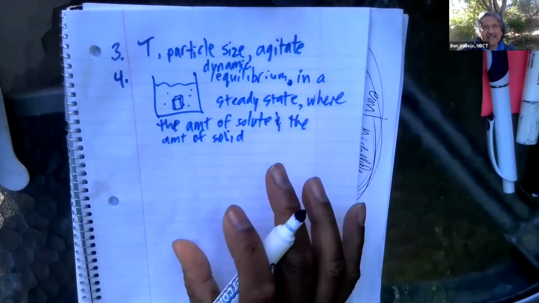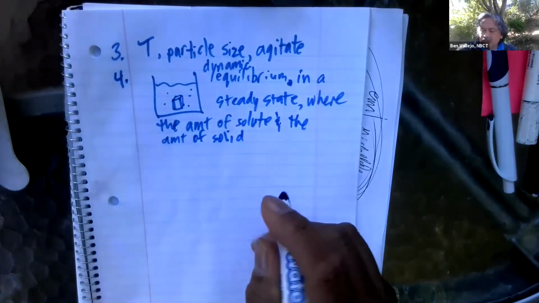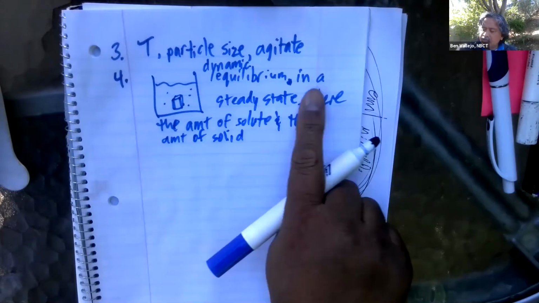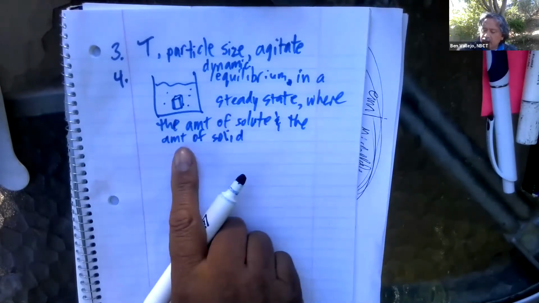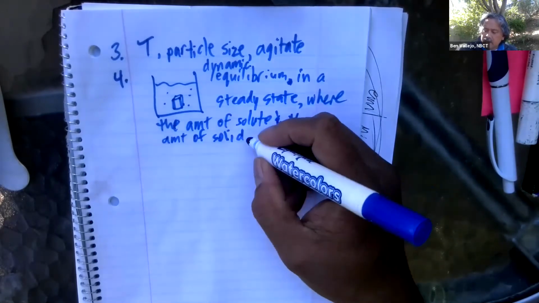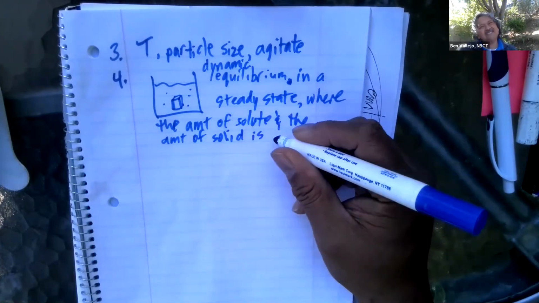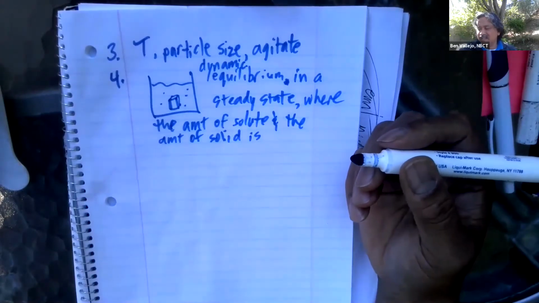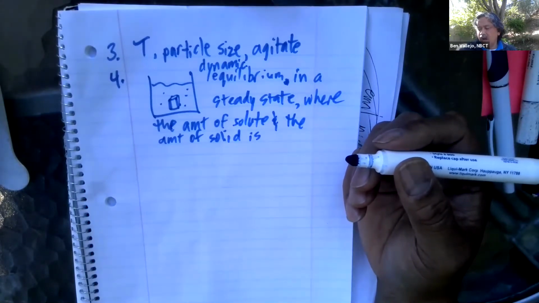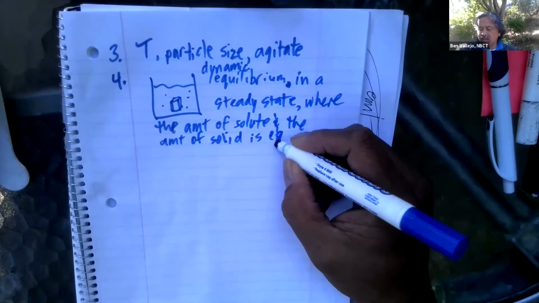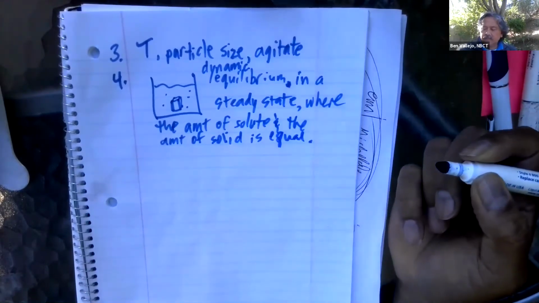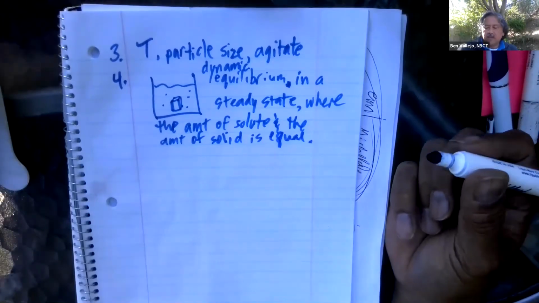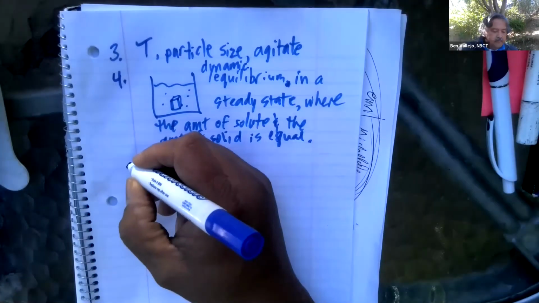It can go back and forth, like I said, but the total amount stays the same. So dynamic equilibrium in a steady state where the amount of solute and the amount of solid is moving, but it's constant, is equal, I'll say. Right, moves back and forth. So something like that for number 4.